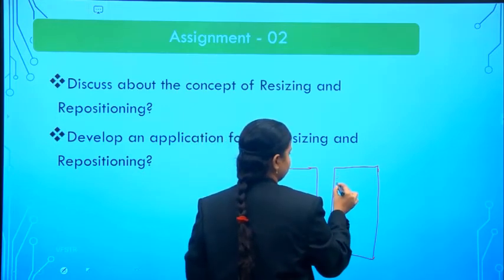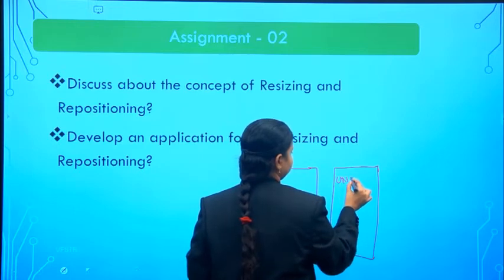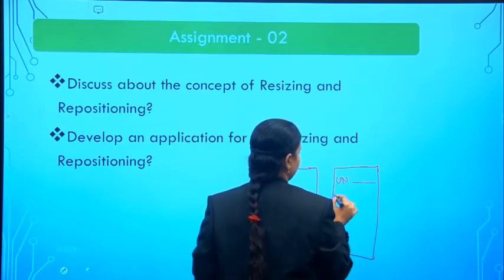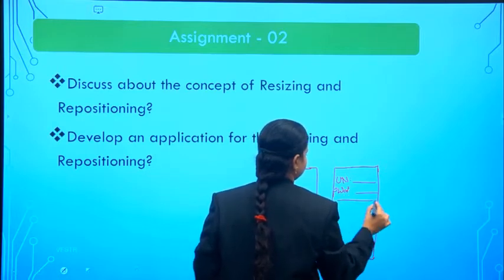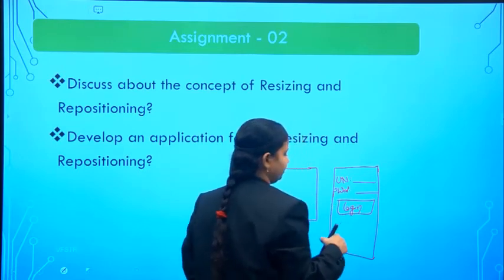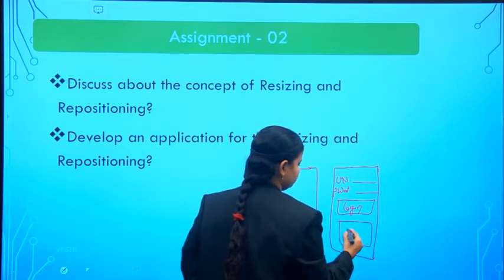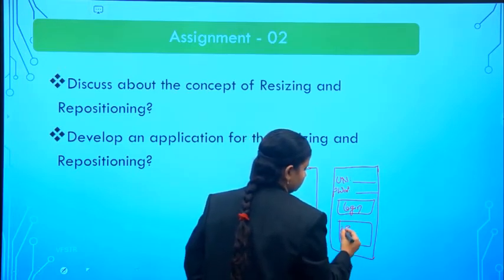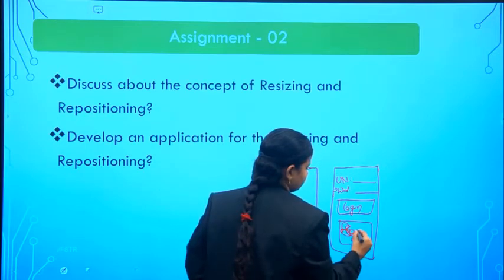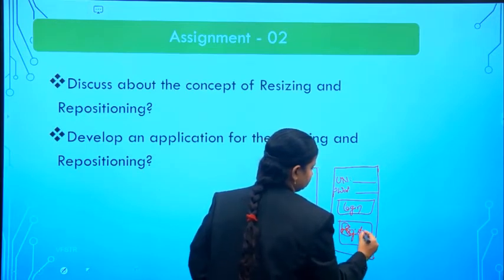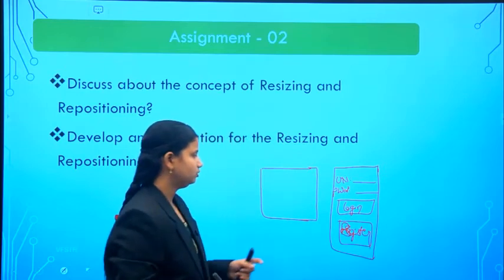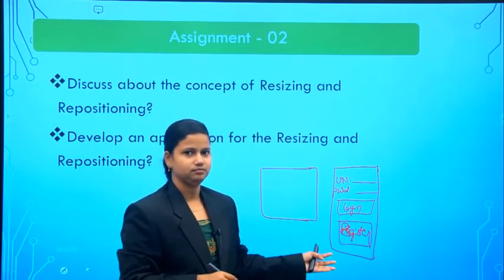So what is a table layout? It will contain username, and I am going with a login form, password, and login. If it is new, then register. So this is our user interface design.